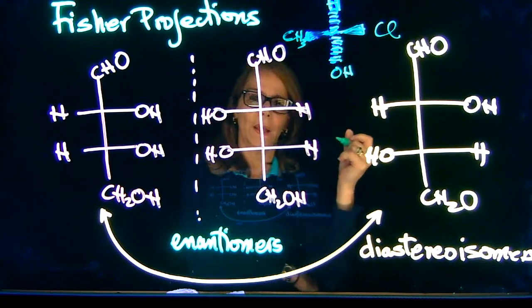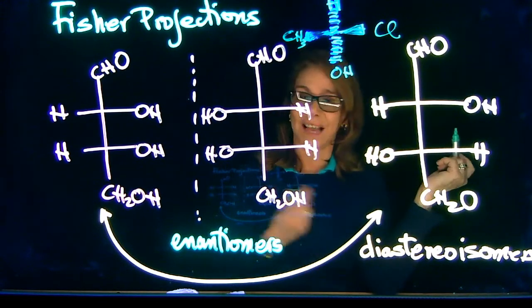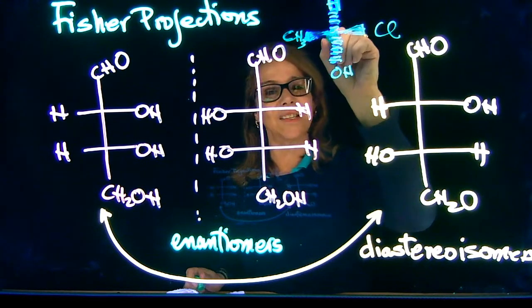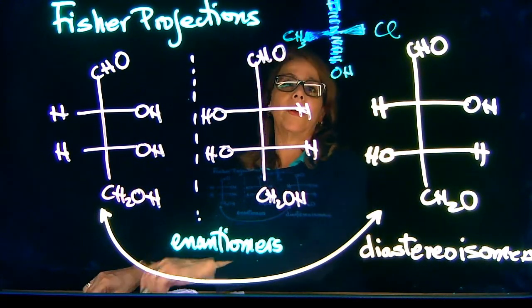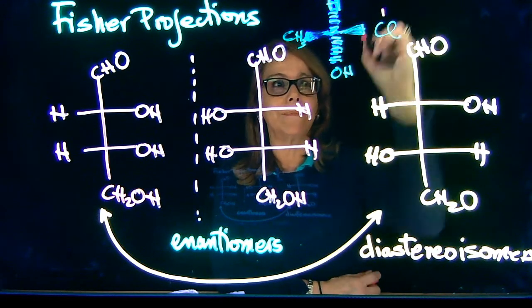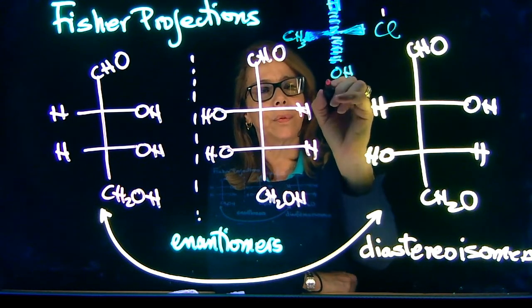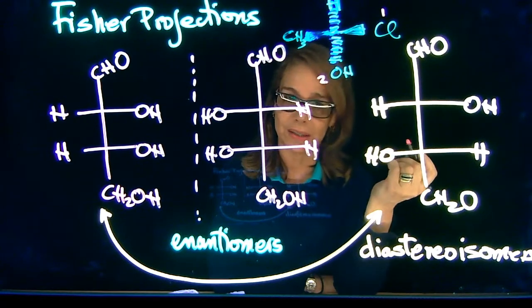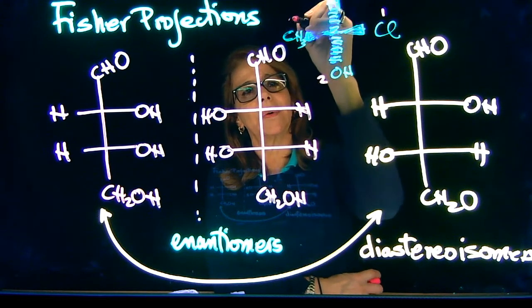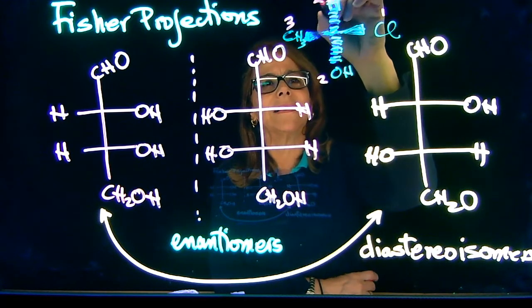Now, remember that when we did absolute configuration, the first thing was assigning priorities to the different groups attached to the chiral center. Here we see that the highest priority will be chlorine, because it has the highest atomic number. Next will be this hydroxyl, so the oxygen. Then we have the methyl, because the carbon is what's directly attached to the chiral center. And lastly, the hydrogen.